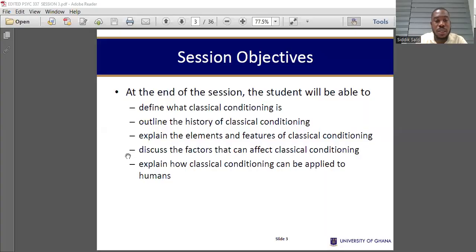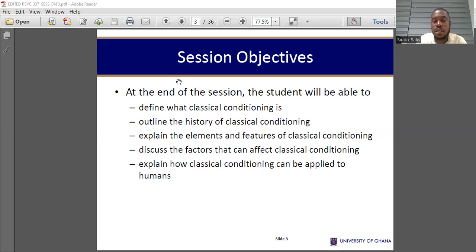Okay, so the next one is the history of classical conditioning. So you see, I've already mentioned the history, started by Ivan Pavlov in the 1900s. Yes, he was a Russian physiologist. He was a medical doctor who was conducting research on digestion. I believe we've all heard this right from level 100 or 200.